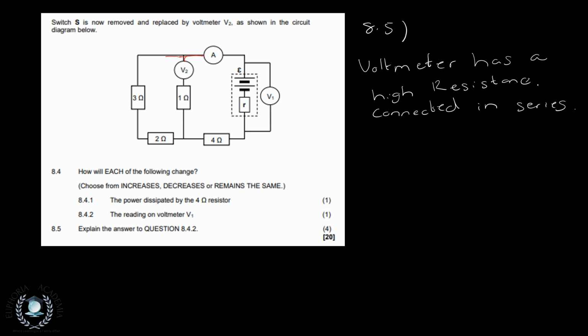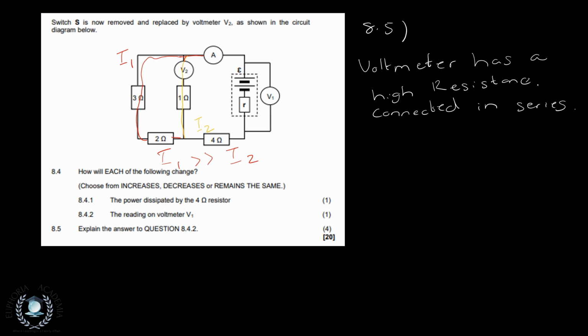So the current flowing through here, let's call that I1, and the current flowing through there, we'll call I2. That I1 will be much higher than our I2, because as stated before, current will always move through a path of less resistance.